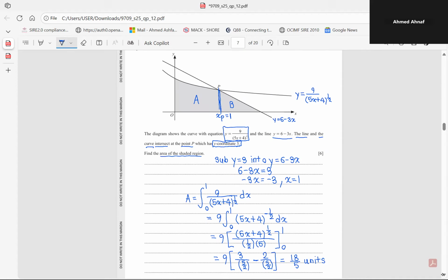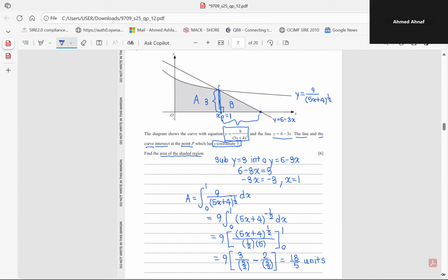So as you can see, B is a triangle, a right angle triangle. So we have to find this length and this length. So for this length, this vertical height is just the y coordinate of P. So it's just 3. And then for the base, it would be the length from this intersection point to here.